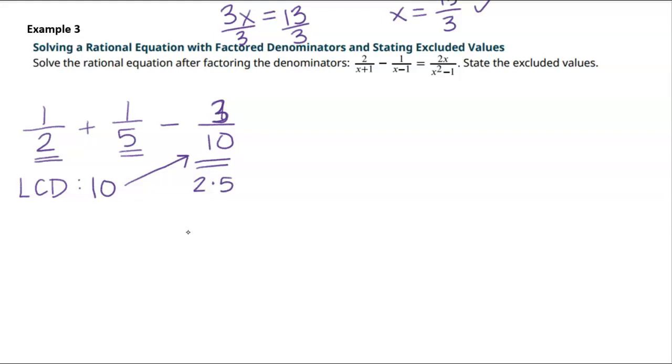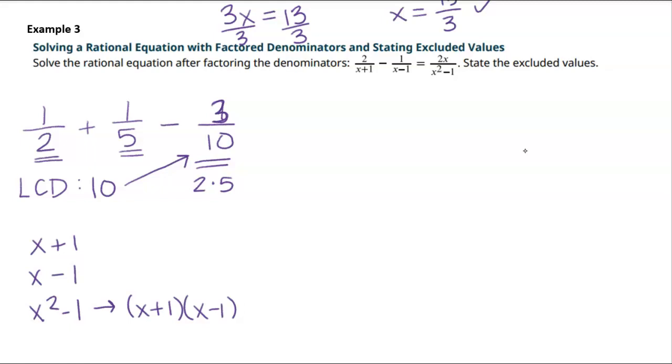Let's see how that plays out now in an algebra instance. So the least common denominator that I want to look at in this algebraic equation, I need to recognize that x squared minus 1 can be factored into x plus 1 times x minus 1.